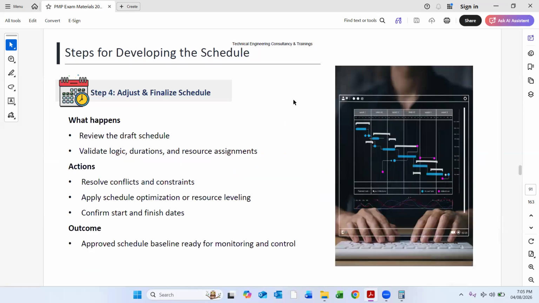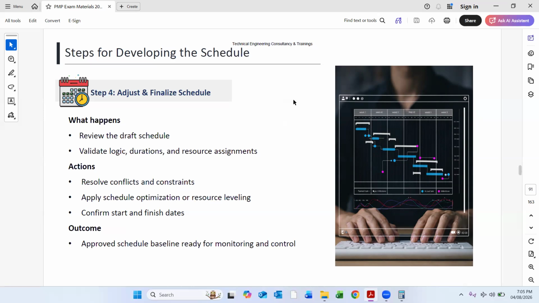Steps for developing the schedule. So how do we actually develop a schedule? We review the draft schedule. We validate logically the durations and resource assignments based on the formula. We calculate productivity based on the quantities. It is a simple formula: productivity equals quantity divided by duration. So duration is equal to quantity divided by productivity.